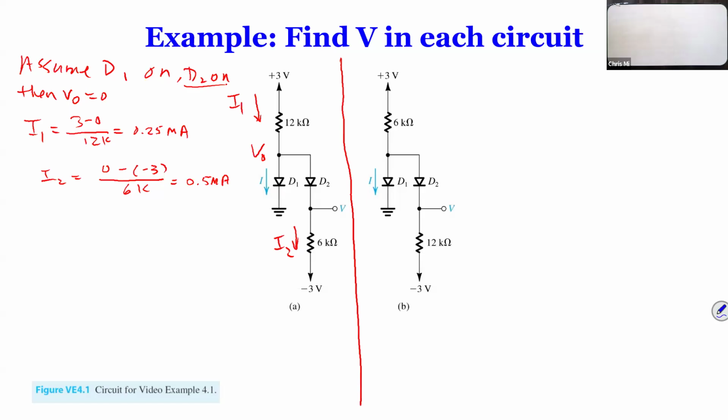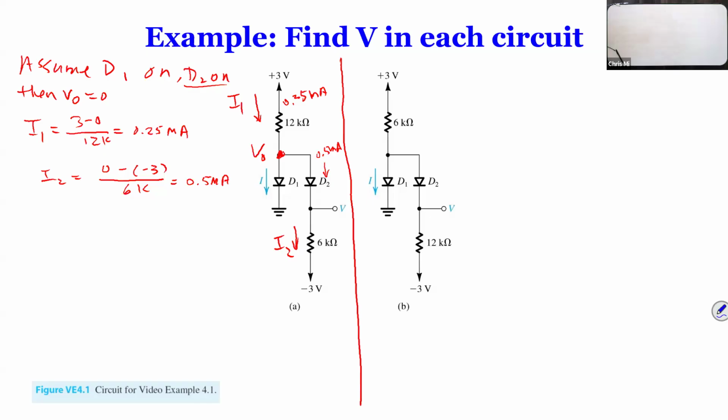Now you see there's a problem. Or maybe there is no problem. I1 here is 0.25 milliamp, and the current here is at the node over here. I want you guys to look at it for a second. Do you see a problem? What problem do you see?